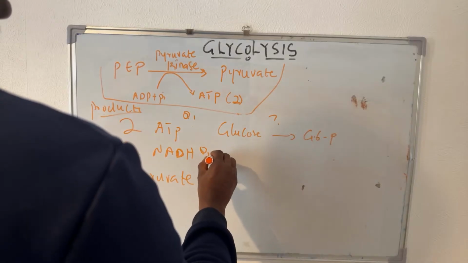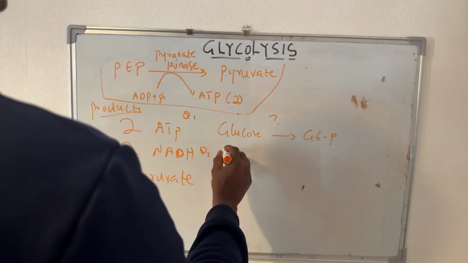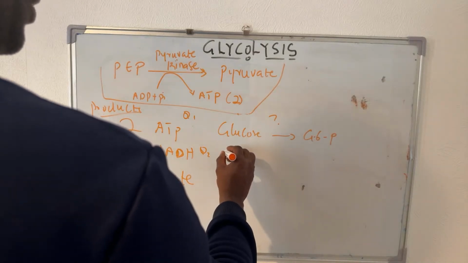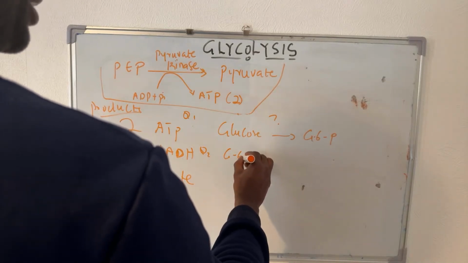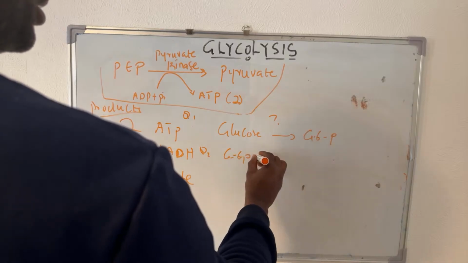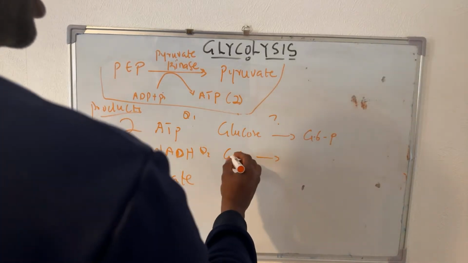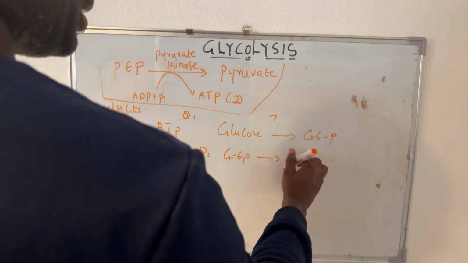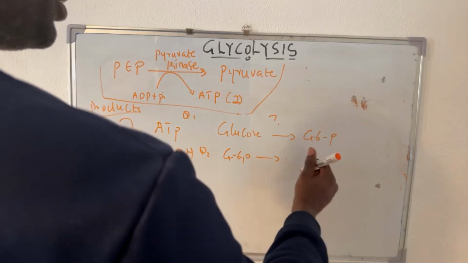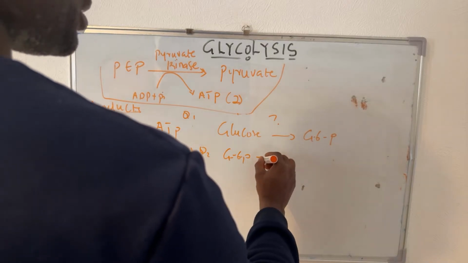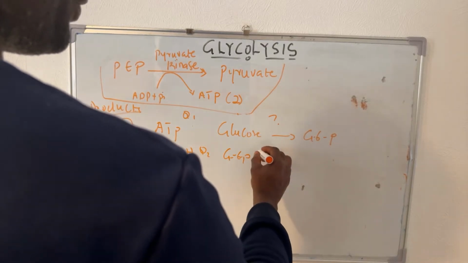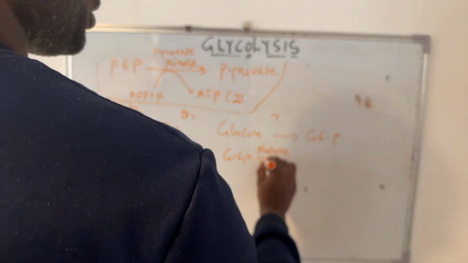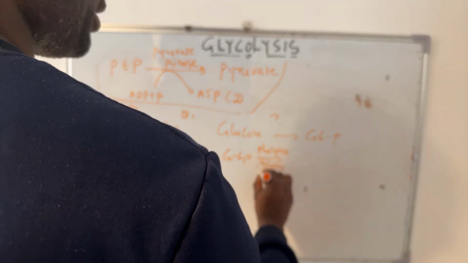And question 2, what is the product when G6P is converted by phosphoglucose isomerase?